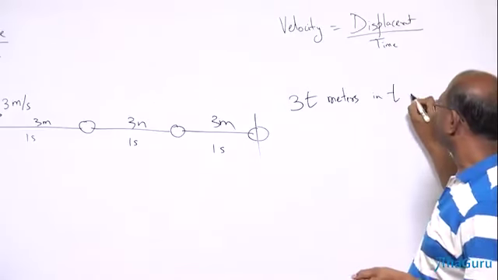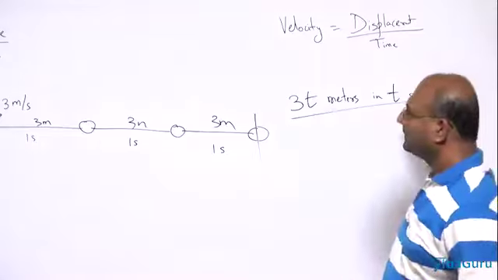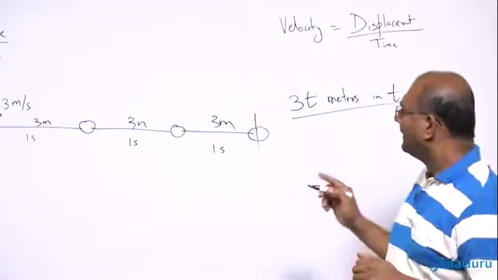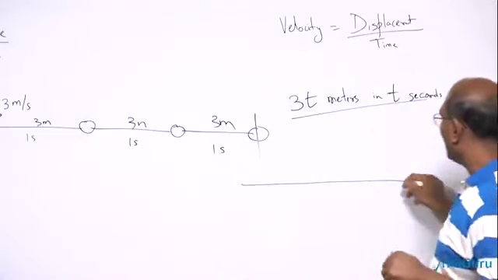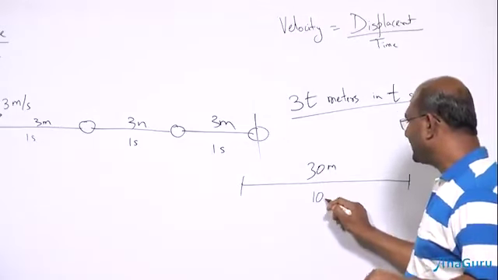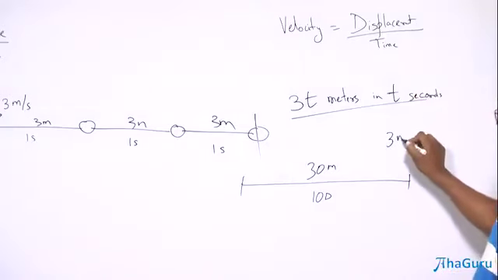This is the meaning of saying that it has a speed of 3 meters per second. So now you may think, if I know that this object has moved 30 meters in 10 seconds, it has moved 3 meters per second.